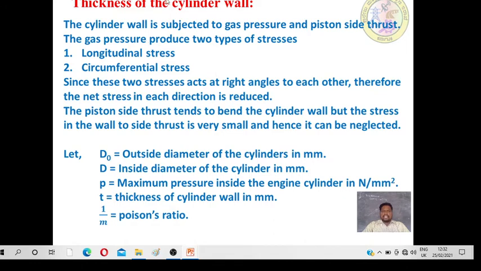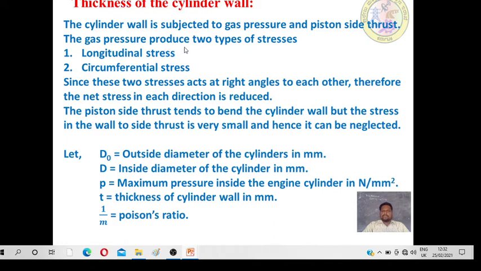Due to the inclined movement of the connecting rod, which is connected to piston and crankshaft, the piston usually goes and hits the side of the cylinder wall. That is actually called the side thrust. So we have to consider these two factors before designing the cylinder wall.